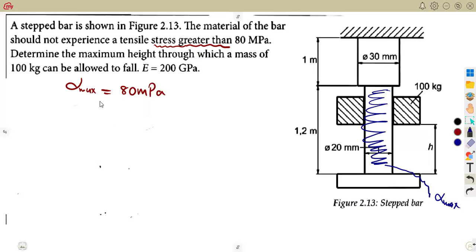That is where we have our maximum stress. Meaning to say, that's where we're going to have the smaller area. The smaller section in terms of the diameter means smaller area, remember. Where the smaller area is, maximum. Why is that, guys?